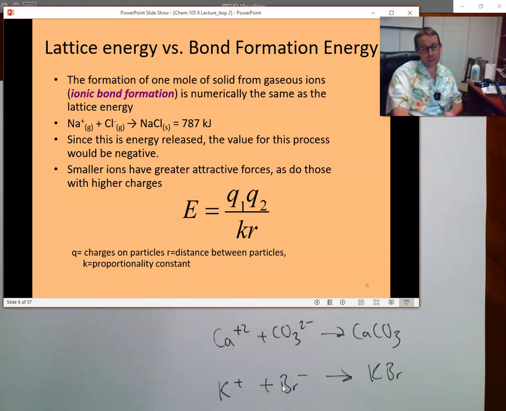I don't know, they're not necessarily small, but if their radius was 4 times smaller, it might be small enough to compensate for those extra charges, because it's this ratio between charges and how close the ions can get together. But here we would probably go with the charge. The charge on the calcium and the carbonate ion is such that it's going to make that energy larger. Okay, good.